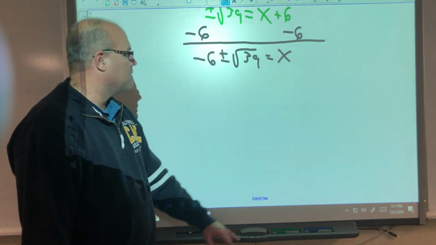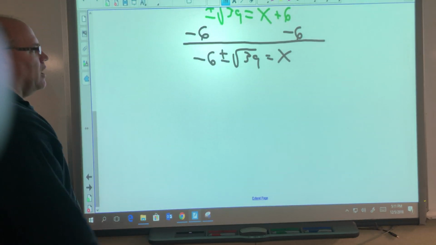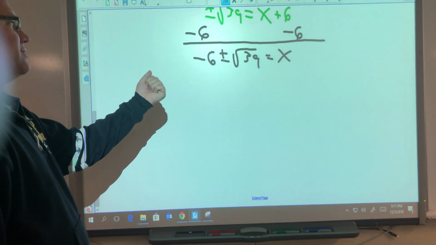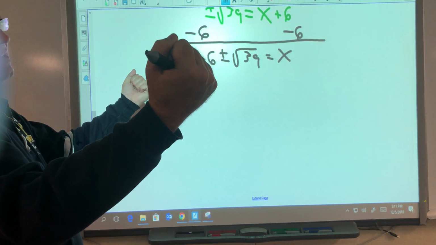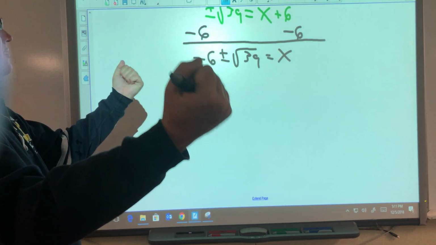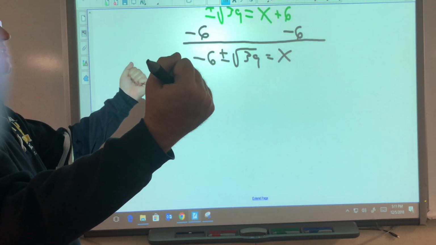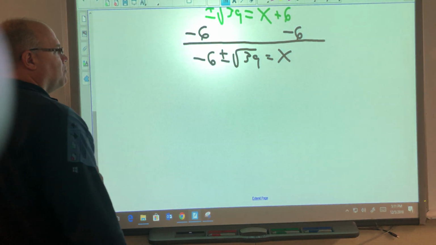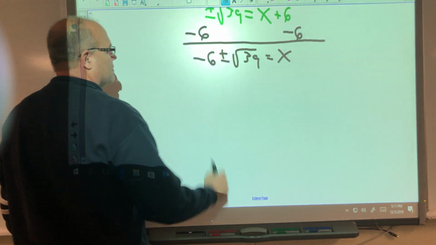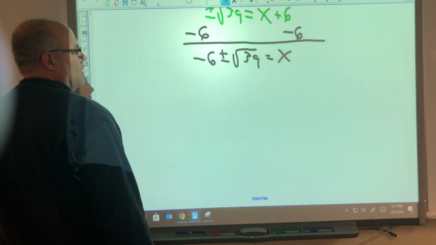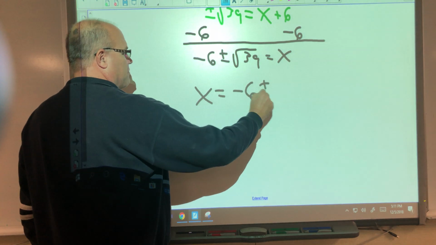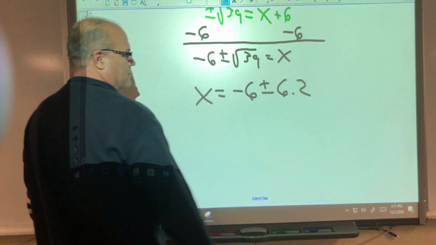If we want the approximate value, well, then I'd say, what's the square root of 39? The square root of 36 is 6, the square root of 49 is 7, so it's a lot closer to 6 than 7, so maybe 6.2, 6.3. I'm going to call it 6.2. All right, so x equals -6 plus or minus 6.2.